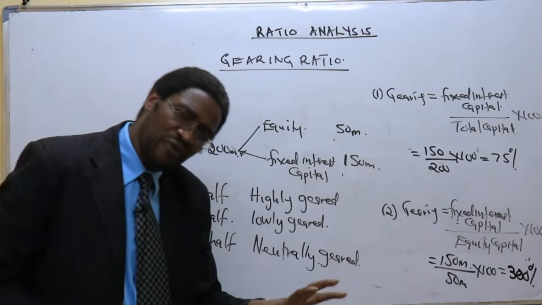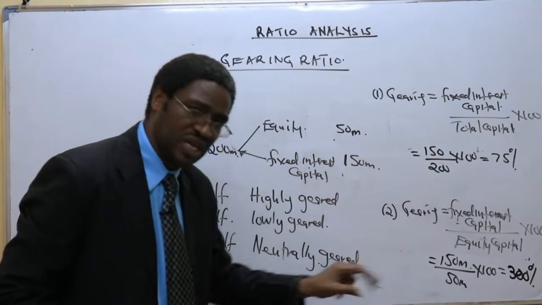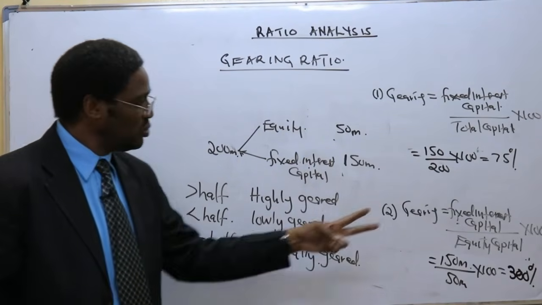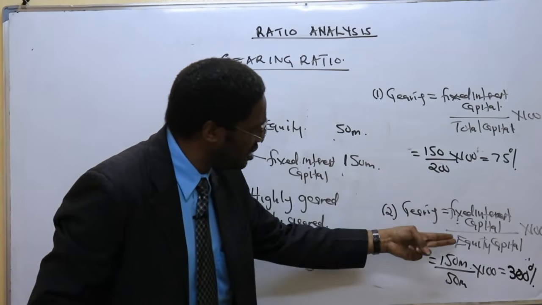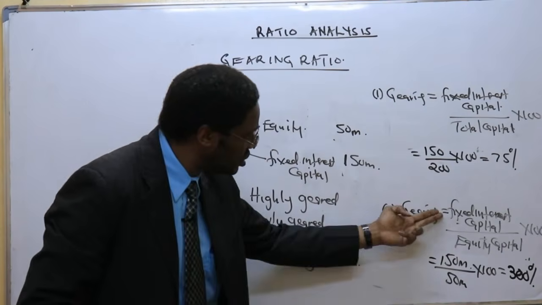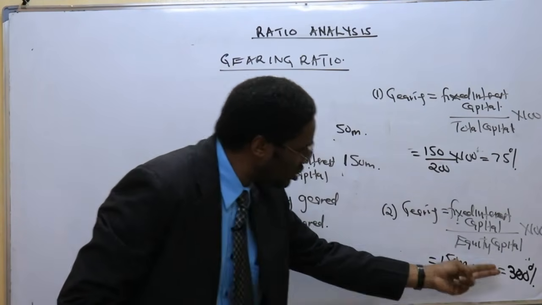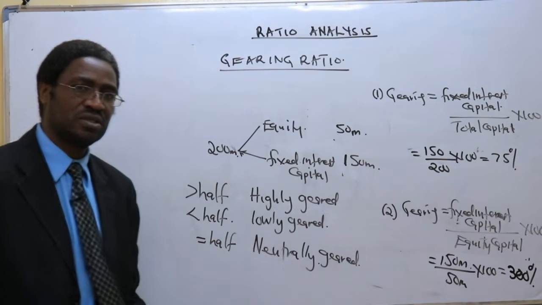The same for capital structure, this one, but now using this formula, which says fixed interest capital divided by equity capital, I get 150, which is the fixed interest. I divide by the equity capital, I multiply by 100, I get the ratio of 300.